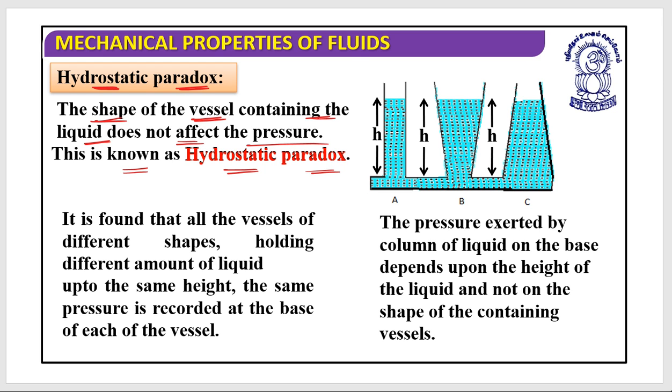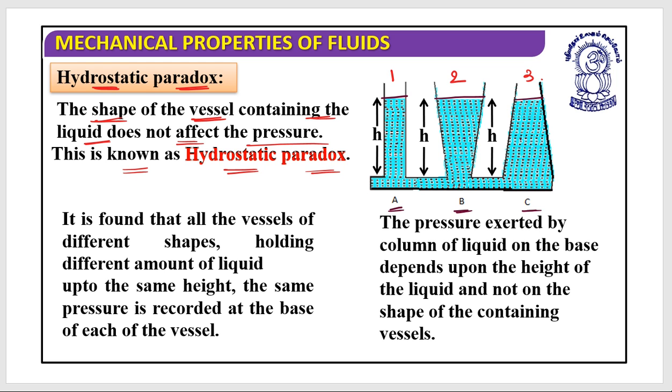Let's look at this. This is one shape, this is another shape, this is a third shape. But if you see, all have the liquid at the same height. That means if you look at the pressures at A, B and C, at every position the pressure is the same, even though they have different amounts of liquid above it.